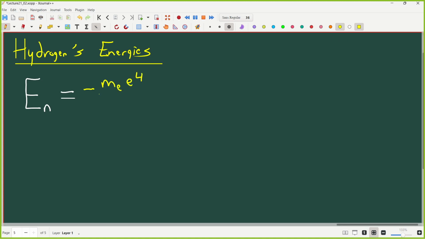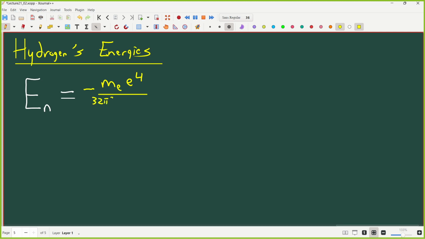That's just a product of all of the constants: 32 pi squared, epsilon naught squared, h bar squared, times 1 over n squared. So the energy for this system has this big prefactor. It's got the mass of the electron times the charge of the electron to the 4th, divided by 32 pi squared, epsilon naught squared, h bar squared, just numbers. And the thing that's important is just the 1 over n squared. This function is only dependent on the value of n.